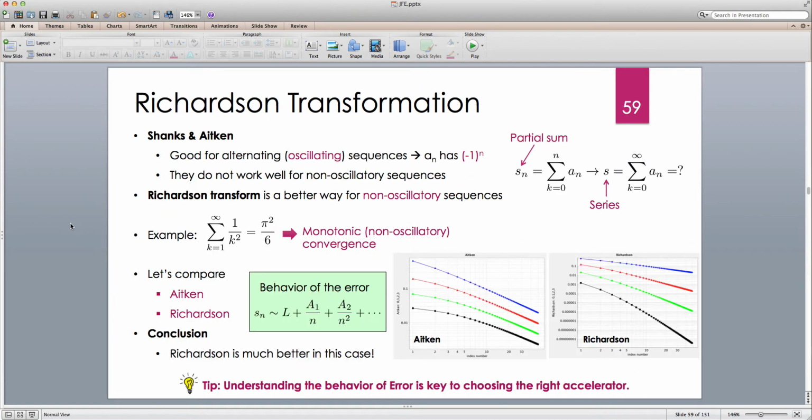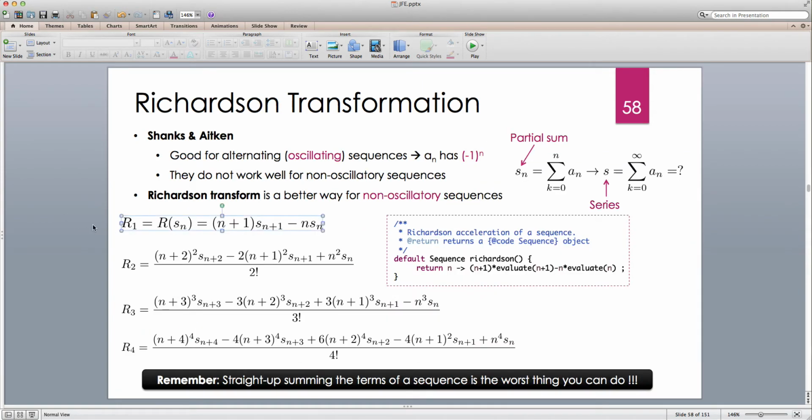And that's exactly why we define the first order Richardson as n plus 1 S_(n+1) minus n S_n. If the error of convergence has a behavior of 1 over n to some power, this transformation makes the error some constant over n to the original power plus 1. Now the error goes to 0 faster, okay? With the same logic, we can eliminate 1 over n to the b and 1 over n to the b plus 1.